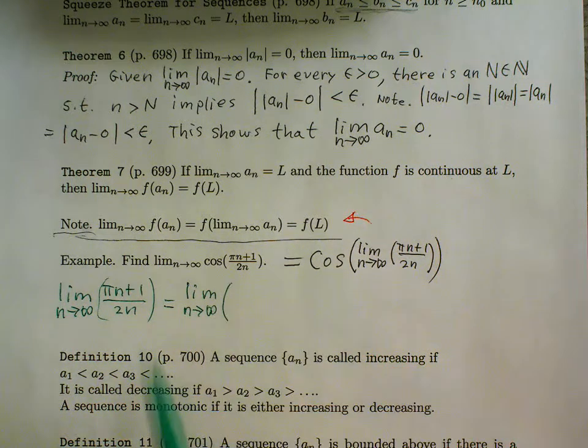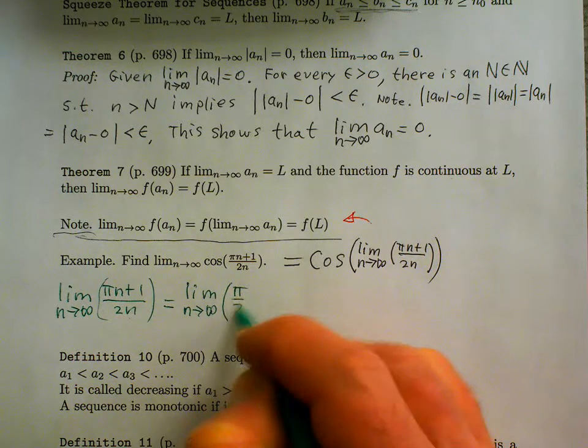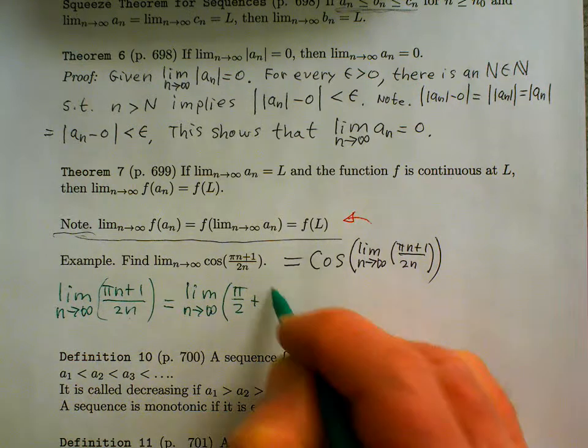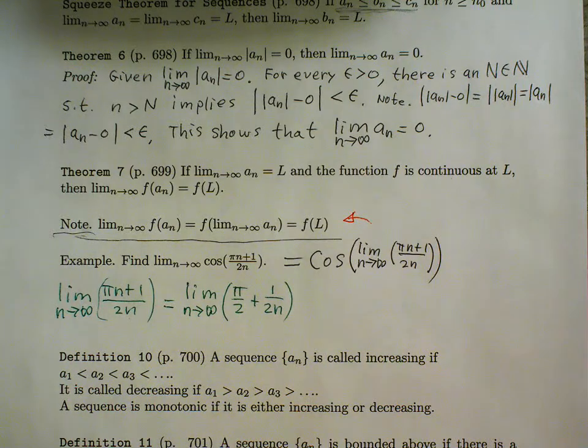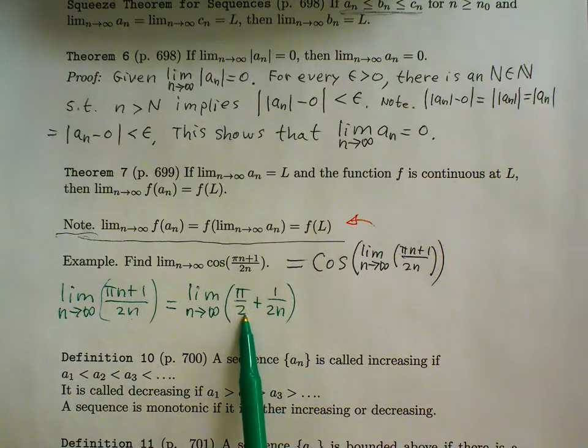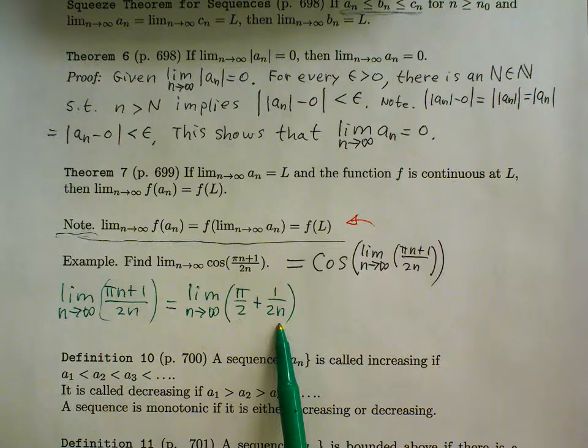Since there's just one term in the denominator, pi times n divided by 2n, the n's cancel, so we get pi over 2, and then plus 1 over 2 to the n. Pi over 2 is not affected by what n does, so pi over 2 is just pi over 2. But what about 1 over 2 to the n? What happens to that as n approaches infinity?